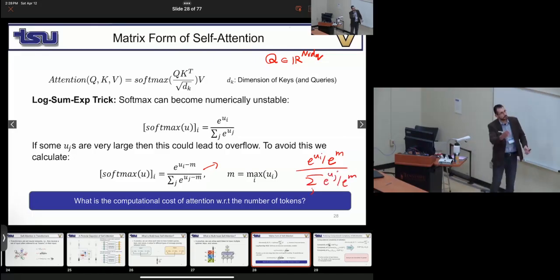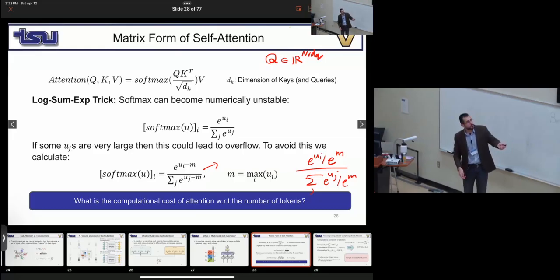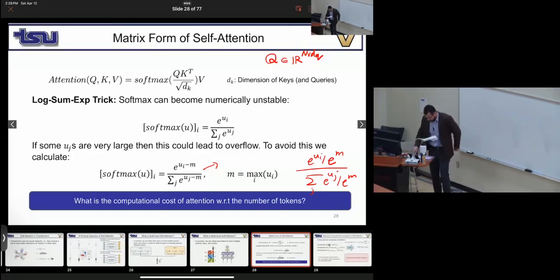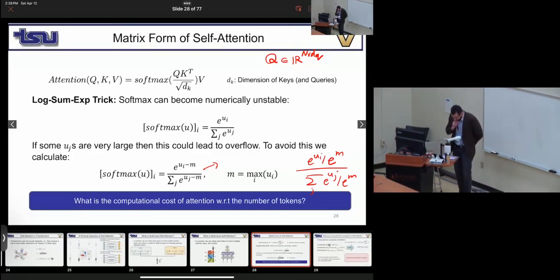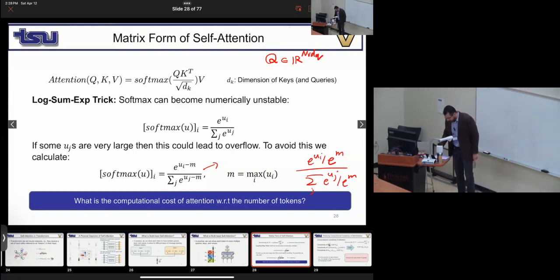I can factor the e to the m's and cancel them, so this is exactly equal to that. But this is much more numerically stable because you don't get very large values in your exponent. So this is simply a practical trick for us.